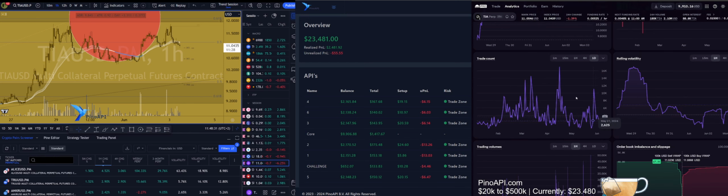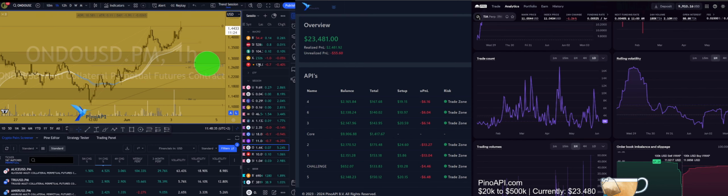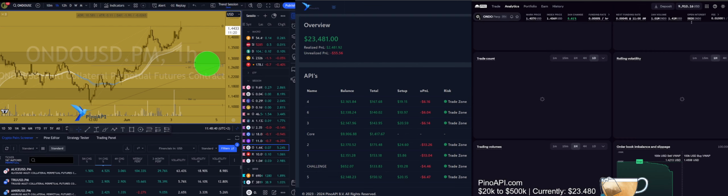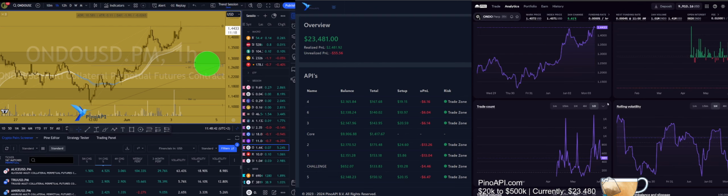Also a nice trade count. So this is on though, right? 1.141. I think this is kind of similar to Ordi.